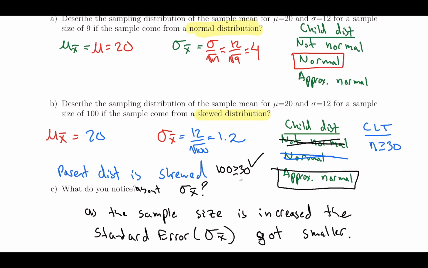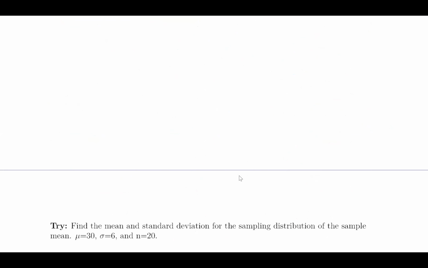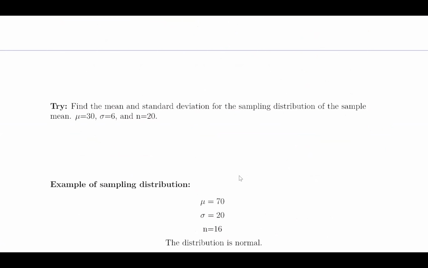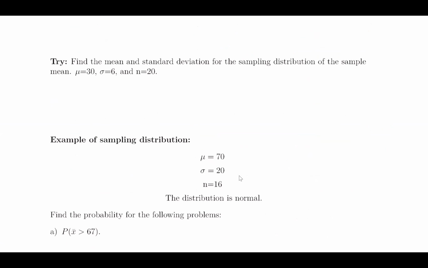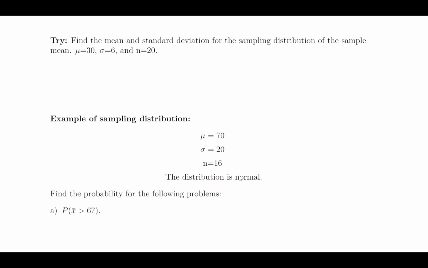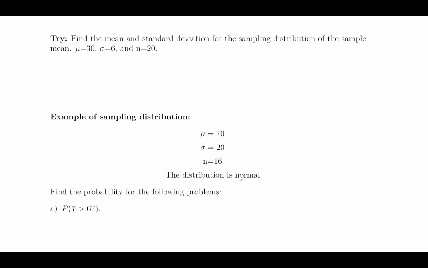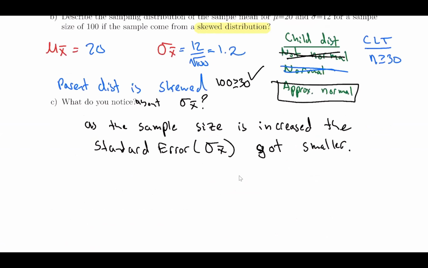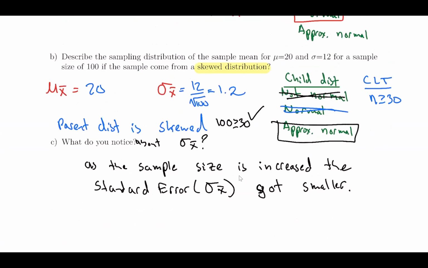All right, let's scroll on down. All right, so what I want you to do is try this one. I want you to do exactly the same thing. Find mu of x bar, find sigma of x bar, and tell me the rest. Let me just copy this.